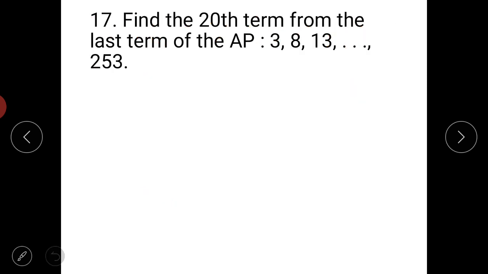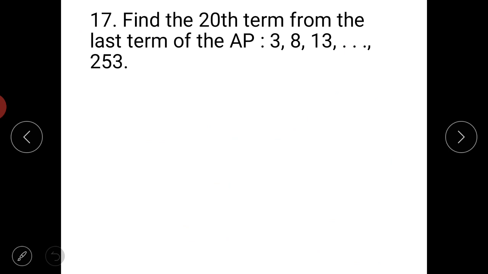Find the 20th term from the last term of the AP. We have discussed this question in slide number 2. From the last, there are two methods.